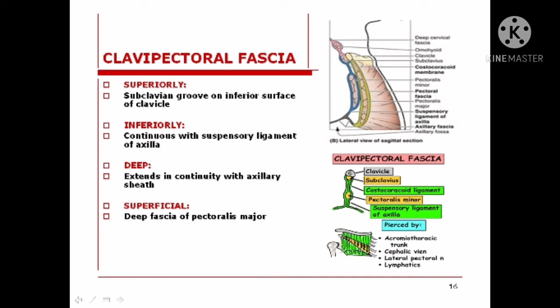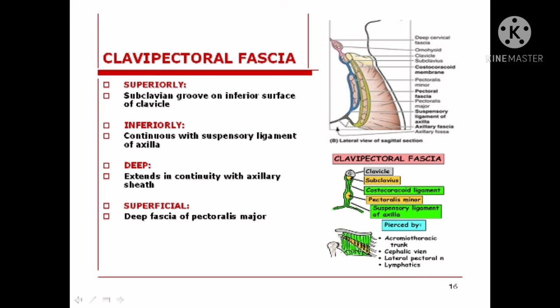Now, in the upper diagram, you can see the cut edge of the pectoralis major muscle. Beneath it, you can see the small pectoralis minor muscle, which is enclosed in a blue line. This blue line shows the clavipectoral fascia.